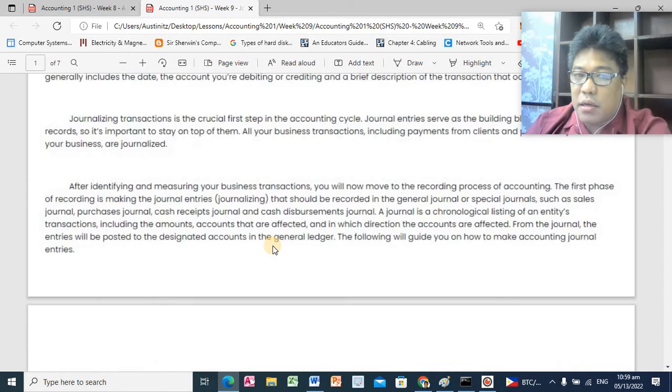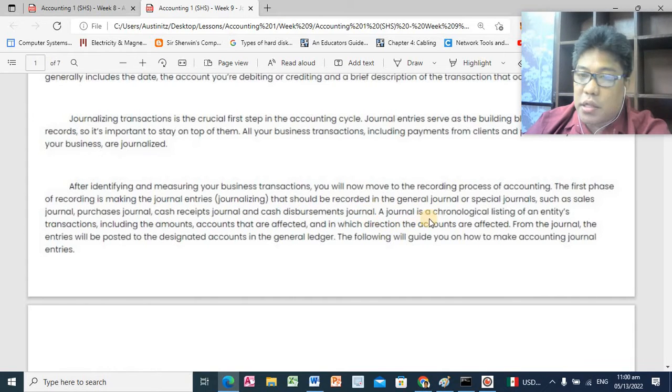After identifying and measuring your business transactions, you will now move to the recording process of accounting. The first phase of recording is making the journal entries, or journalizing, that should be recorded in the general journal or special journals, as we have studied last time, such as sales journal, purchases journal, cash receipts journal, and cash disbursements journal.